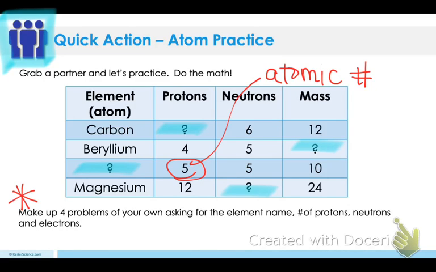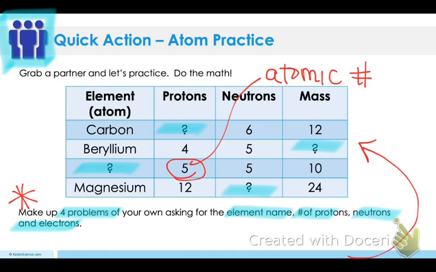Now, make sure that you're paying attention here. You are going to make up 4 problems of your own, asking for either the element name, the number of protons, neutrons, and electrons. So you're going to recreate a table like this. Do not use these elements, so you're going to pick different elements, and you're going to leave one of those blank.